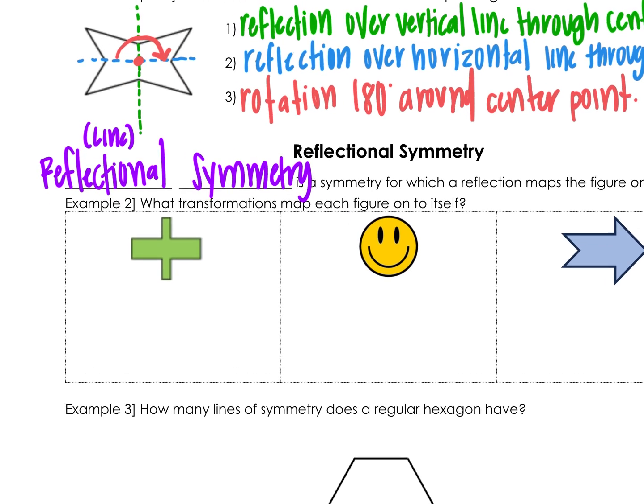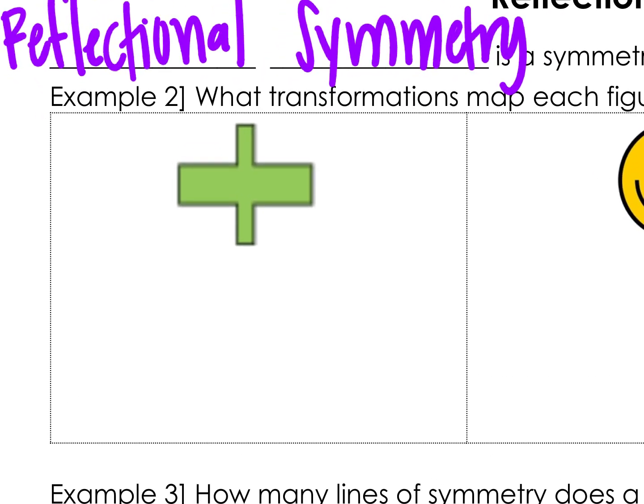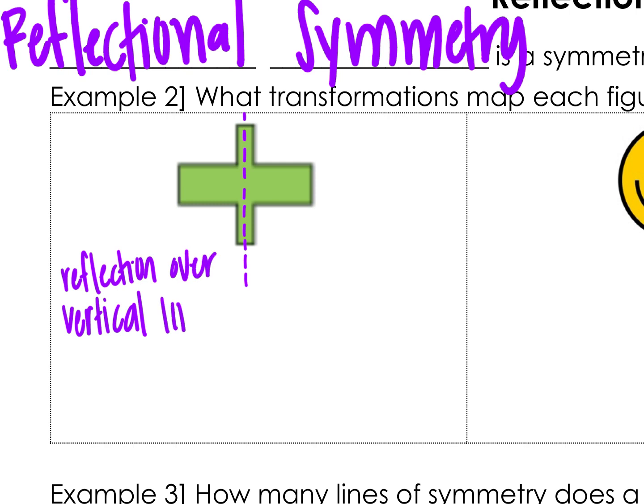So if we were trying to describe what type of reflectional symmetry this shape has, there's two lines that can be drawn where the figure, if it was folded along that line or reflected along that line, would land on itself. We have a reflection over the vertical line through the center.